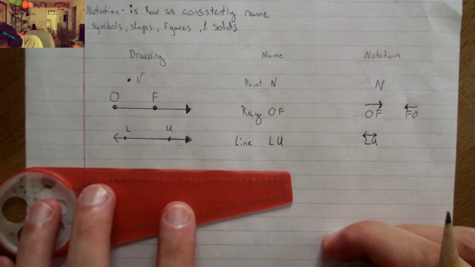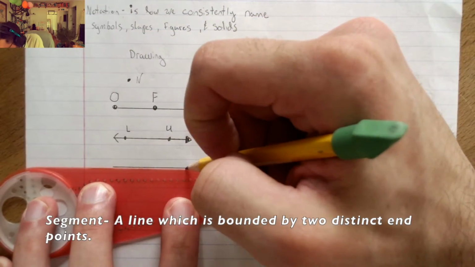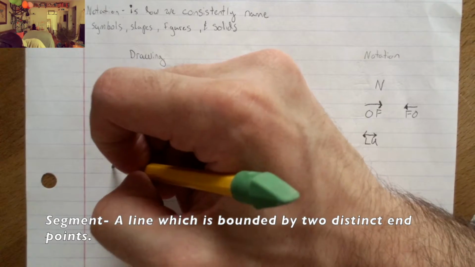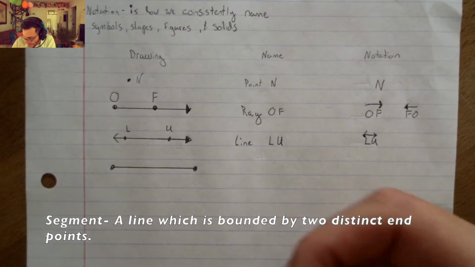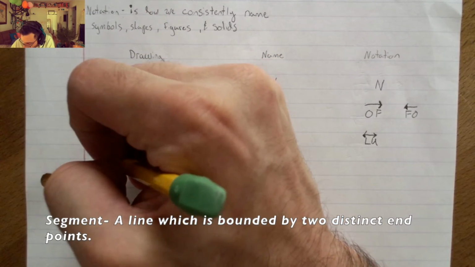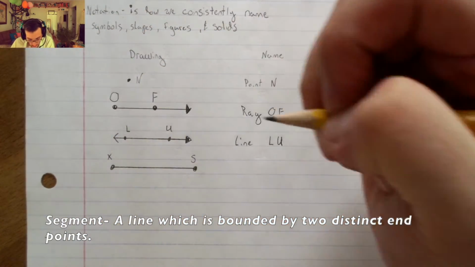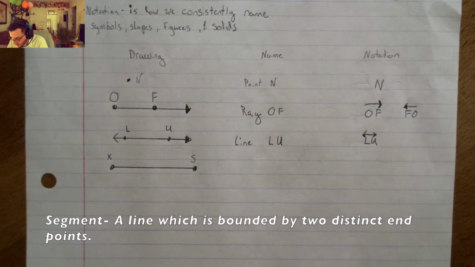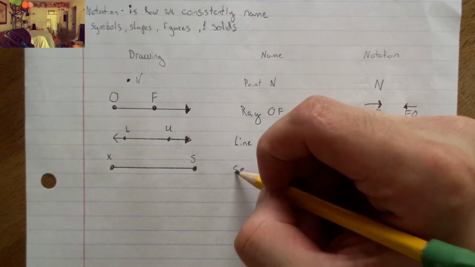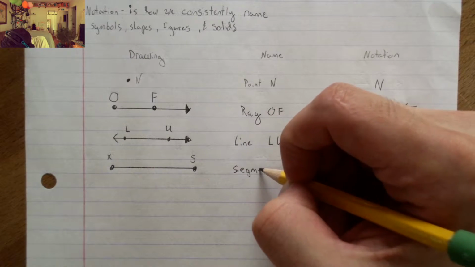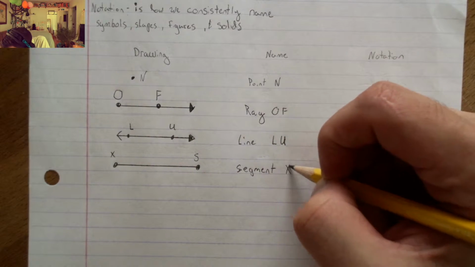Next up we're looking at is going to be our segment. As we said yesterday, in terms of our definition, a segment has two endpoints, and the most direct connection is essentially a straight line. We're going to call this one segment XS.